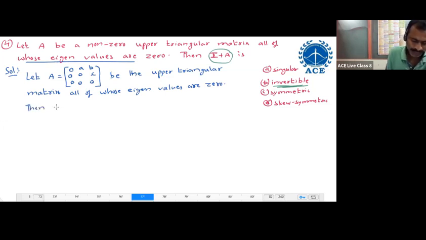Then consider I plus A. I is the unit matrix. Here we have taken the 3 by 3 only, so we take I3.